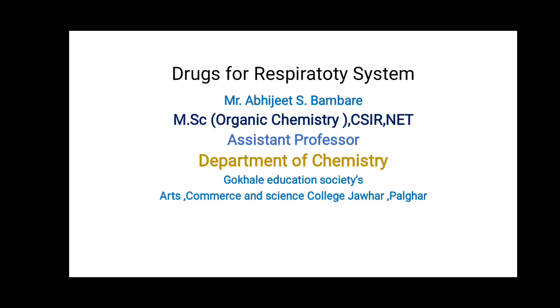In the last video we discussed drugs for the respiratory system, that is, expectorants. What is an expectorant? It is a Latin word. Expector means to drive out from the chest or throw out from the chest. The classification of expectorant drugs is sedative and stimulant expectorants.